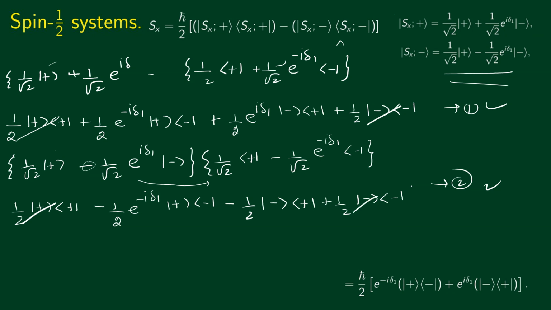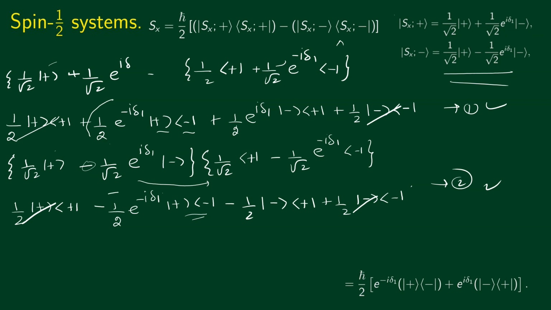What about the other two terms? There's half e raised to minus i delta 1 ket plus bra minus. There's a corresponding term here, ket plus bra minus, but with an opposite sign. So when you subtract this from this, this term minus this, it will become plus, and the rest of the terms are exactly the same. So this is just twice this term. I hope this is clear.